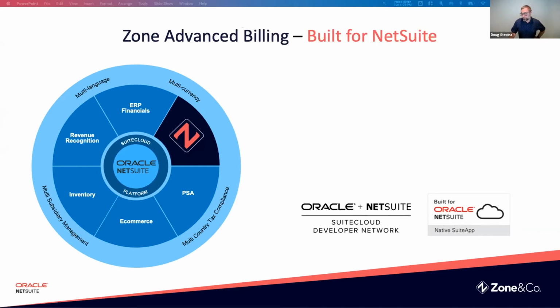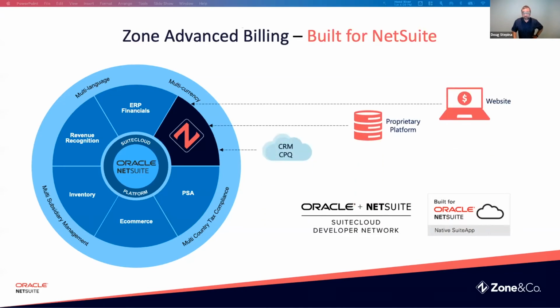So you will see different records when you install a ZAB bundle. But ultimately, what you're getting to is a native NetSuite invoice, native NetSuite revenue recognition, and so on and so forth. Outside of the system itself, we will see different connections to CRM, CPQ, Salesforce.com, for example.